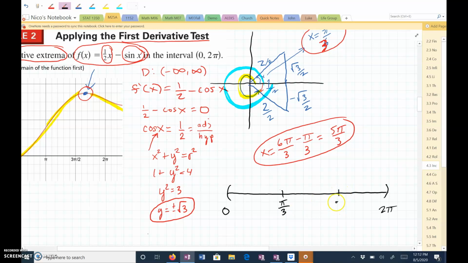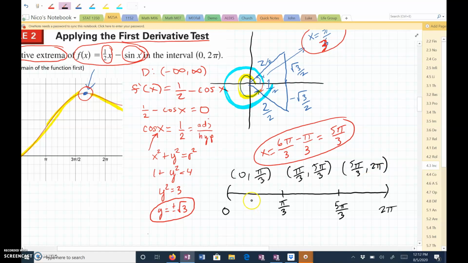The other critical value is 5 pi thirds. So we have the interval from 0 to pi thirds, another interval pi over 3 and 5 pi over 3, and another interval 5 pi thirds to 2 pi.